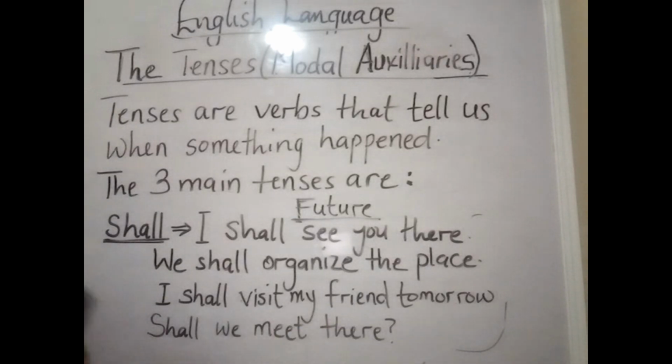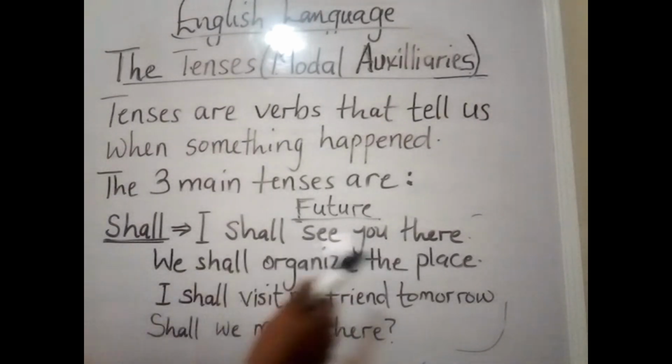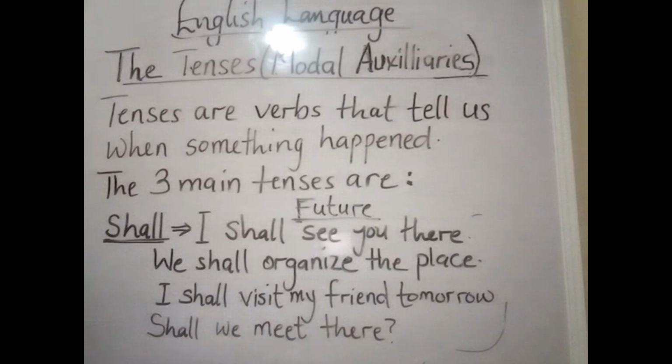So when we use shall, most of the time it is used to express first person in the English language. Apart from the other uses that shall has, when we're considering reference to future events, it normally is used for the first person.